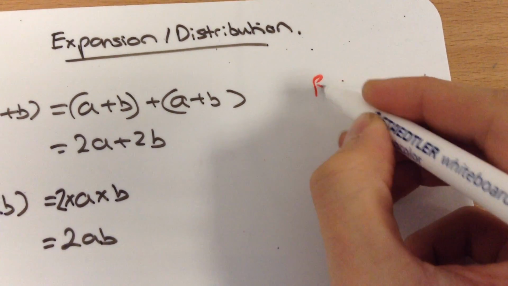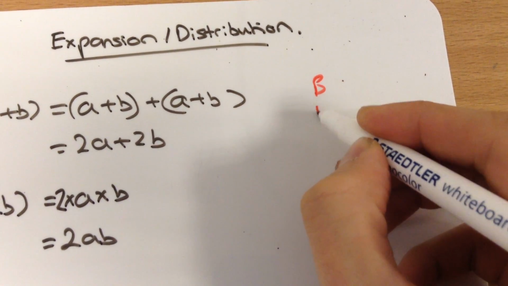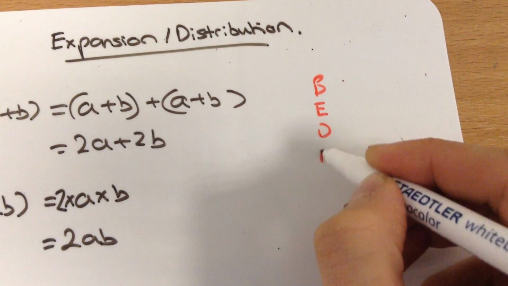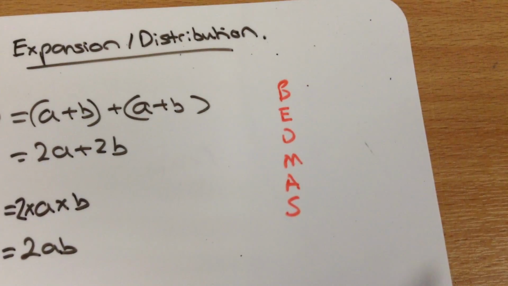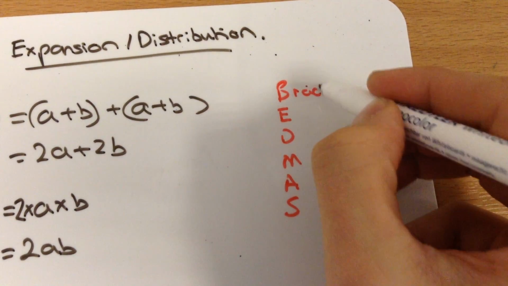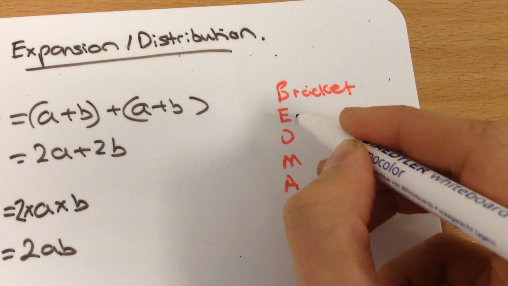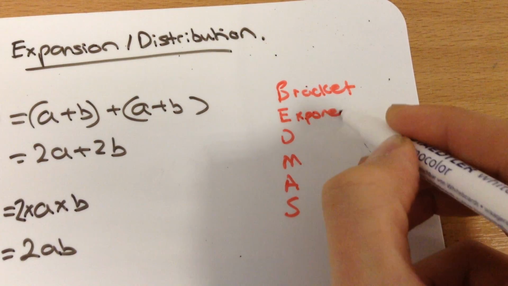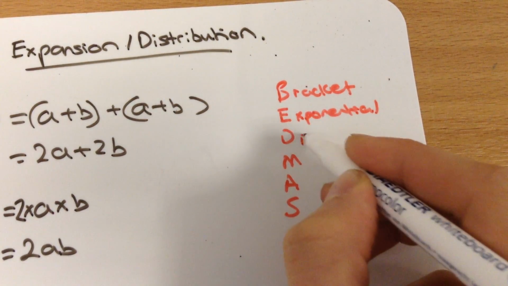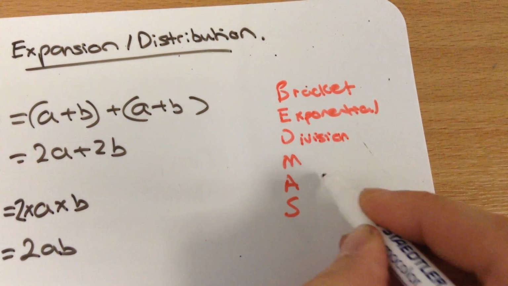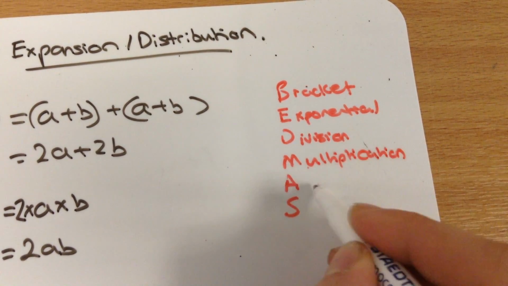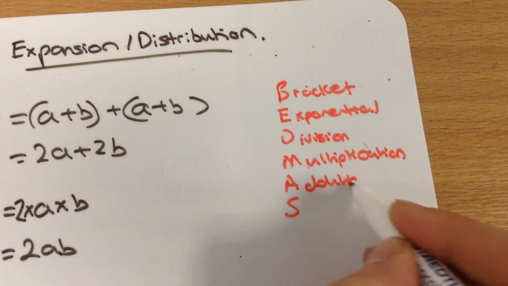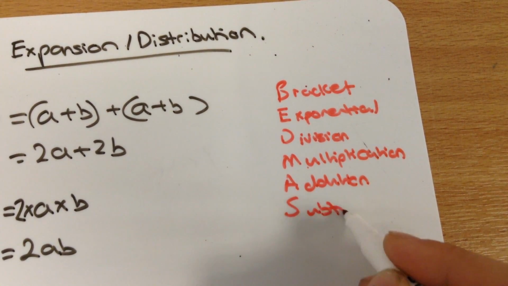So, let's do BEDMAS. You have your B as your bracket. You have your E as your exponentials. D is your division. M is your multiplication. A is your addition. S is your subtraction.